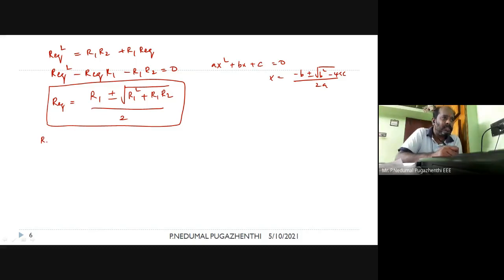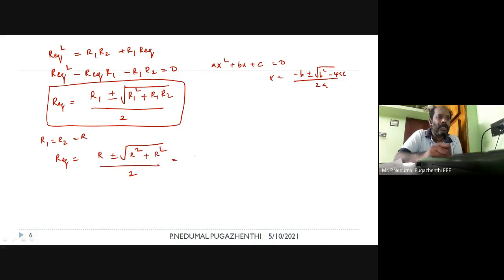Now consider R1 is equal to R2 is equal to R. Let us say both the resistor values are the same. Then what happens to this formula? R equivalent is equal to R plus or minus square root of R squared plus R squared, divided by 2. So what will you have?